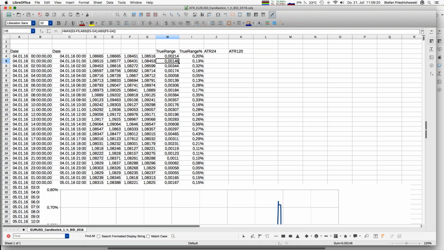And just for simplification, because in the first candle I don't have a close value of the previous candle, I use the difference between high and low. So, and then we can have it all over our candles.